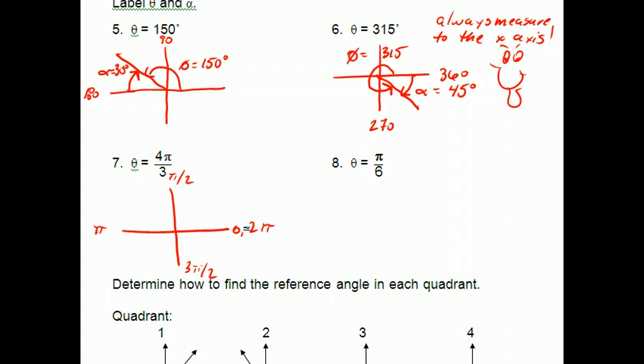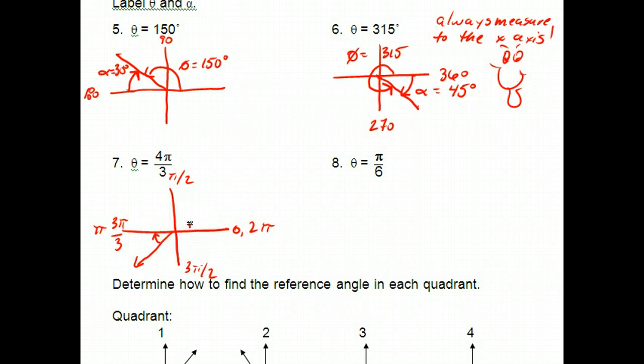Okay, so here we're measuring in pi over 3 parts, right? So it's nice to look at our ends here in terms of pi over 3. So pi is the same as 3 pi over 3. Okay, so I know that I want to go one more pi over 3 from that spot. So what do you think our reference angle is going to be in here?